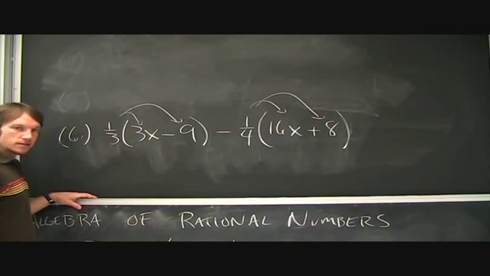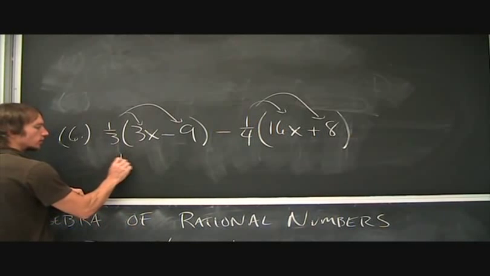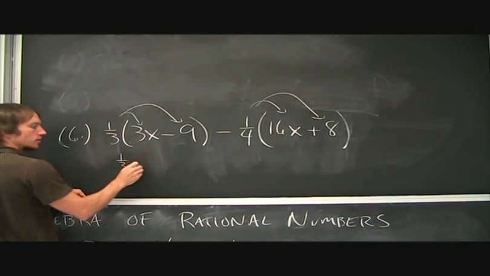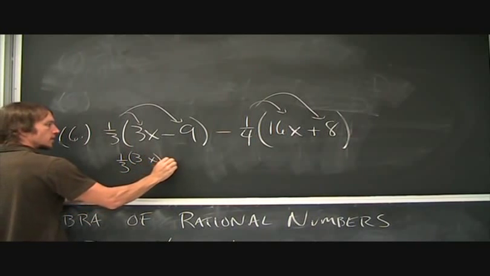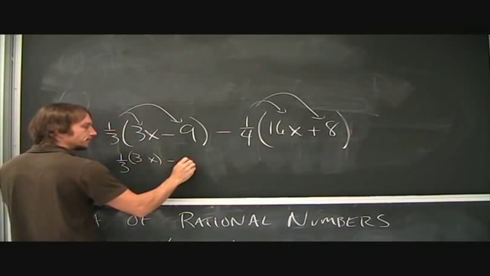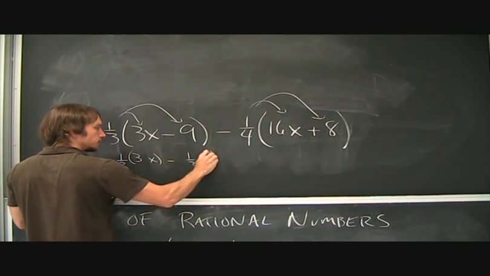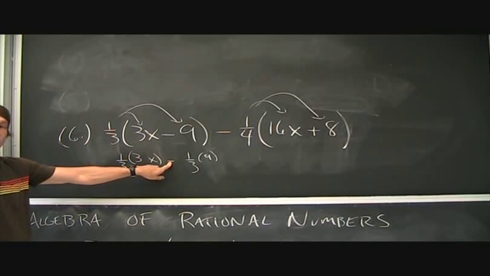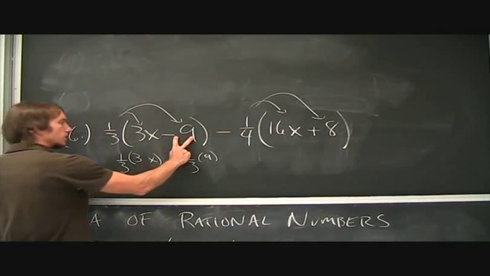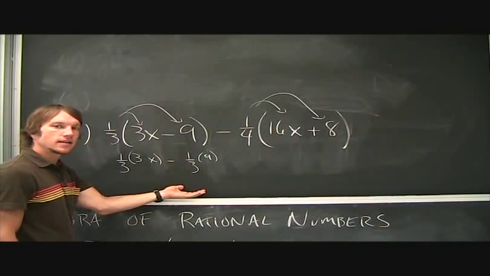Take an extra step in this example so we can deal with our fractions because it's a little more work. So I got to do 1/3 times 3x minus, and then 1/3 times the 9. Okay, so you'll notice, why is that negative here? Well, it doesn't really matter. You get 1 negative times 1 positive. So you know in the end you should have 1 negative. It should end up a negative answer.